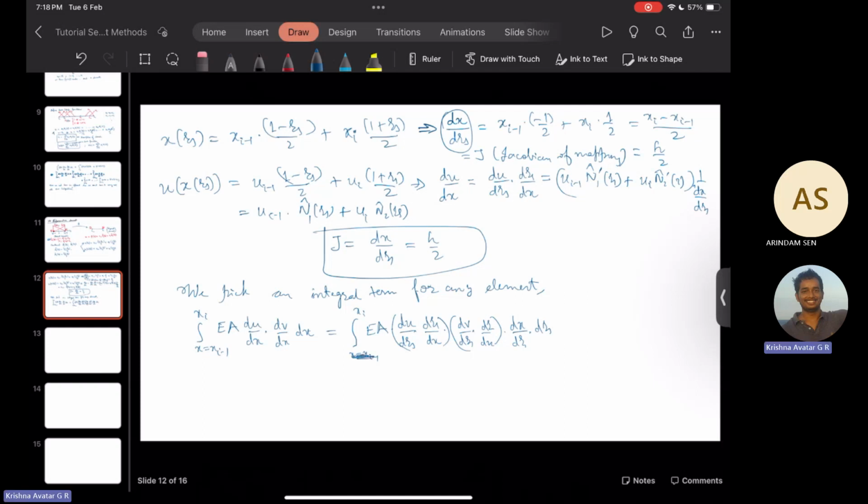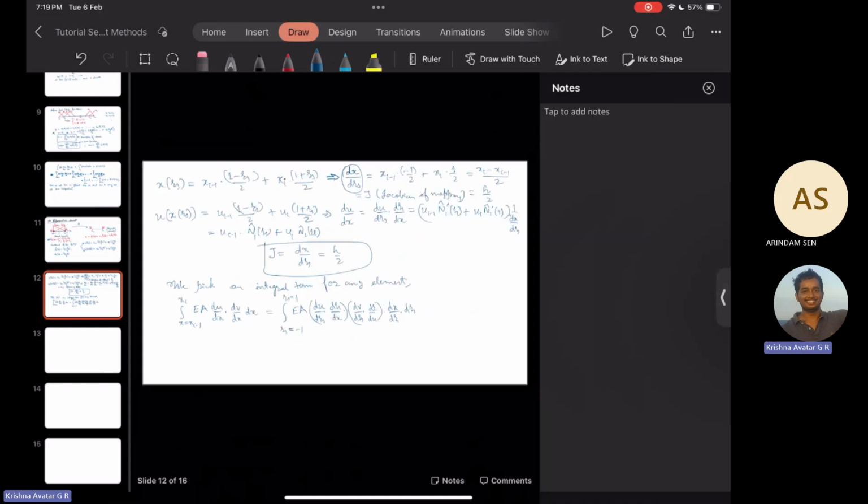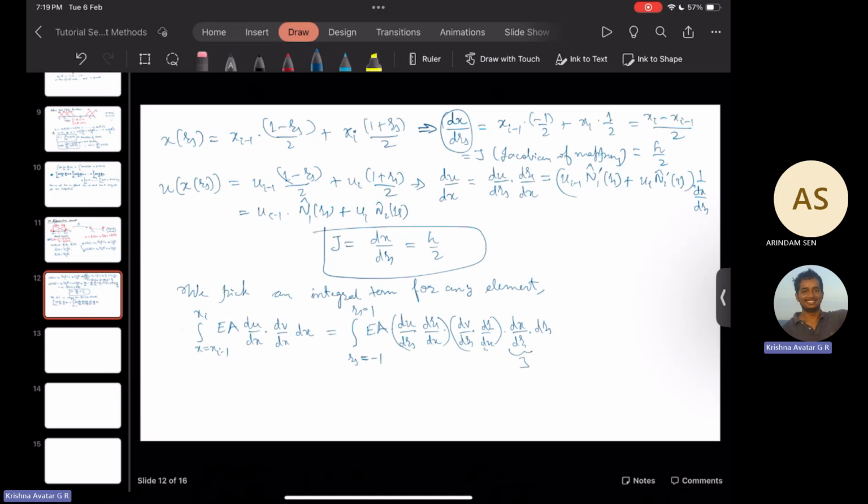The endpoints will also change: this will be z equal to -1, and this will be z equal to 1. And we can clearly see that dz by dx is nothing but 1 by J. This is J, and this is 1 by J.